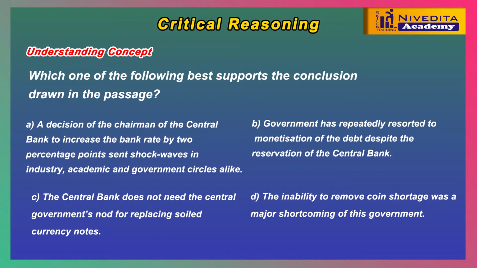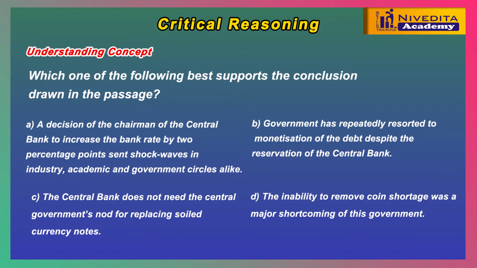Now which one of the following best supports the conclusion drawn in the passage? There are 4 options given. A. A decision of the chairman of the central bank to increase the bank rate by 2 percentage points sent shock waves in the industry, academic and government circles alike.